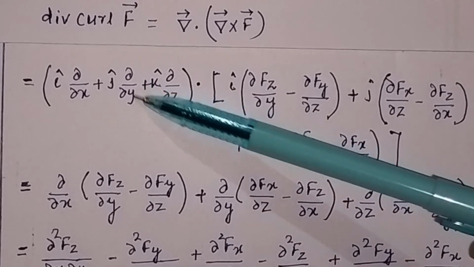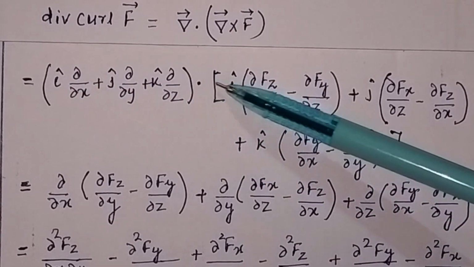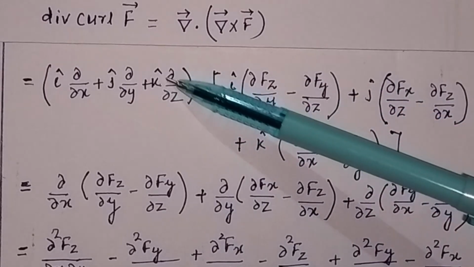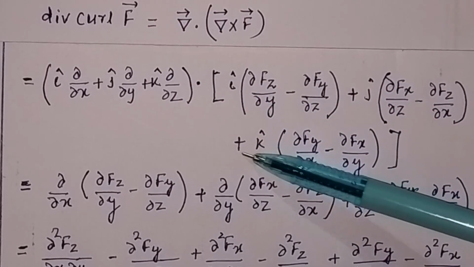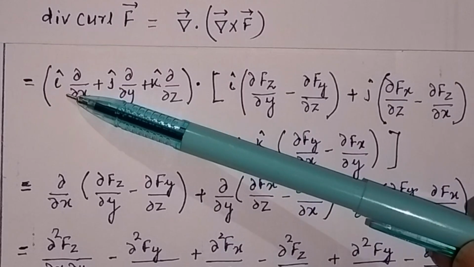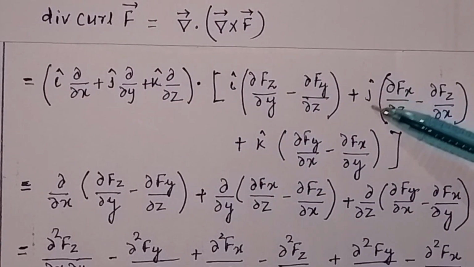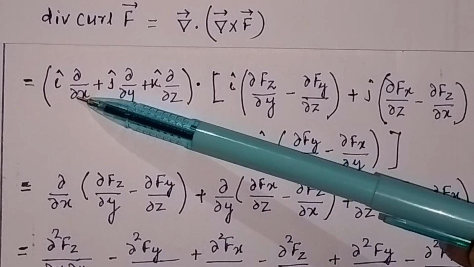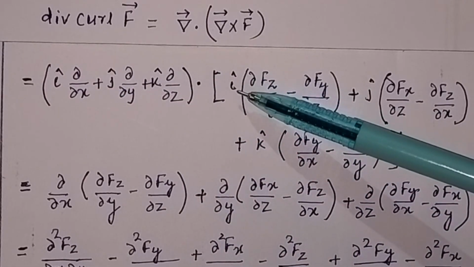So if you take the dot product, then only i dot i, j dot j and k dot k exist, which are equal to 1. And other dot products, that is i cap dot j cap, i cap dot k cap, will be equal to 0. So i cap dot i cap is equal to 1.